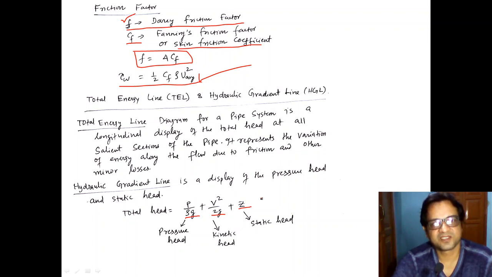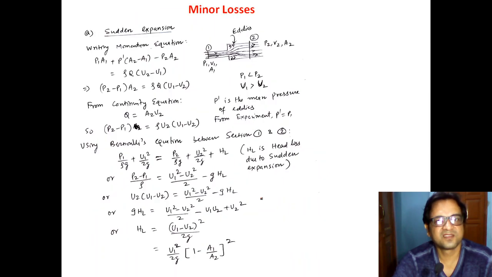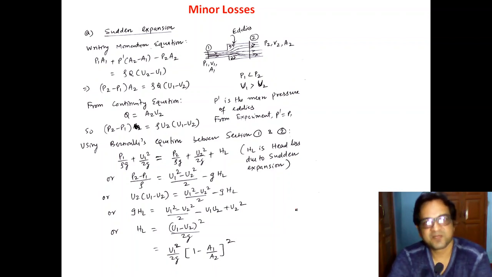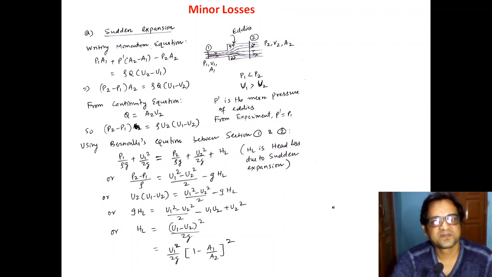So most of the losses happen due to friction, so that is why it is known as major loss. Along with these friction losses, there are also some minor losses due to change of the geometrical shape of the pipe. Sometimes the pipe suddenly expands, sometimes a large pipe diameter suddenly contracts, and there is entry to the pipe and exit from the pipe.